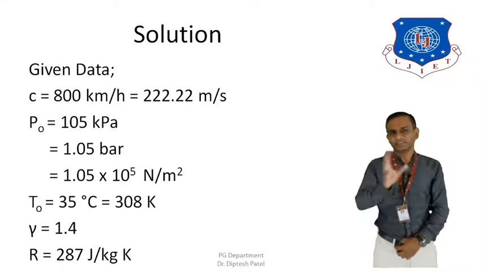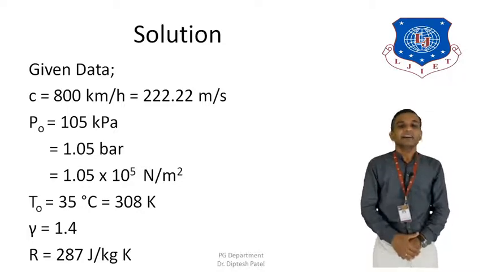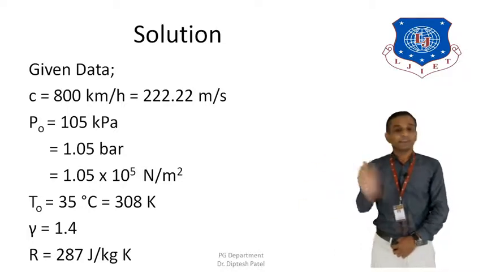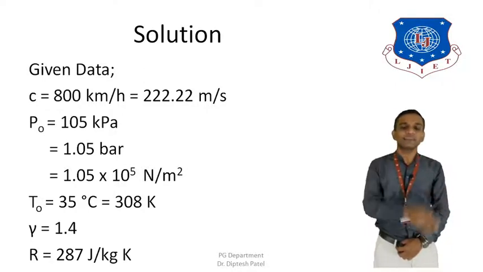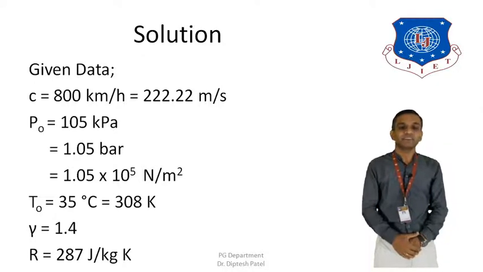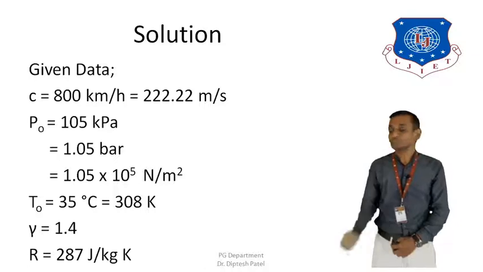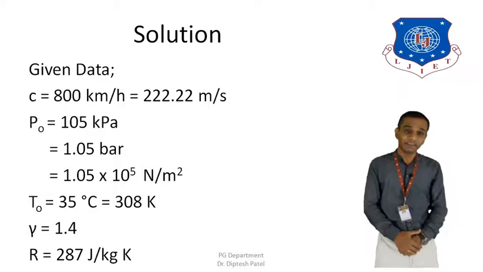That was the conversion for the stagnation pressure, because we are going to need it in Newton per meter square. And the stagnation temperature is 35 degrees Celsius. I'm just going to convert that into Kelvin too, and after conversion we'll get T0 is equal to 308 Kelvin.